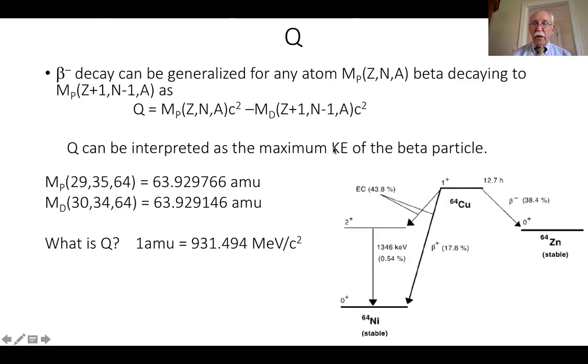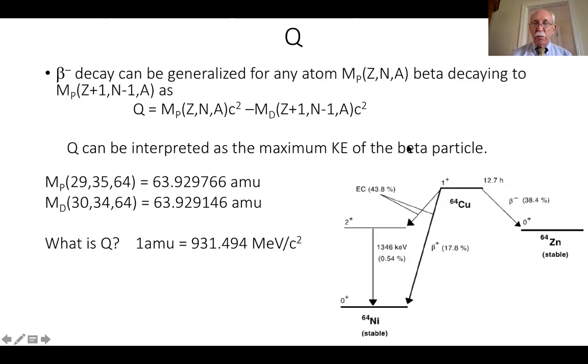And Q will be considered in our thinking as the maximum kinetic energy of the particle. But because there are 3 particles emitted, the neutrino, the beta, and the proton, in this case, or the nucleus of the daughter, the energy can be shared in every possible way between all these particles.